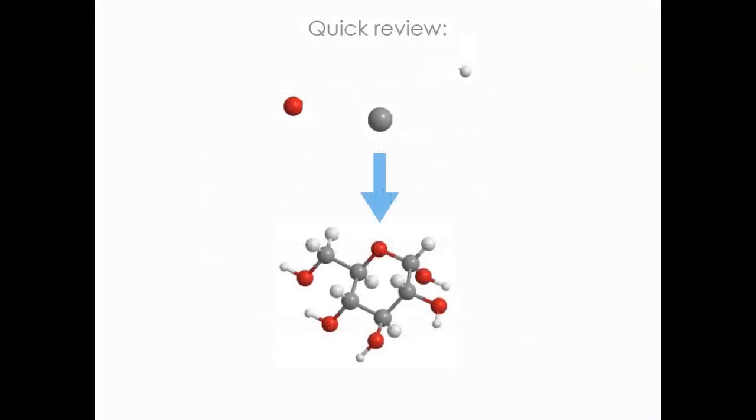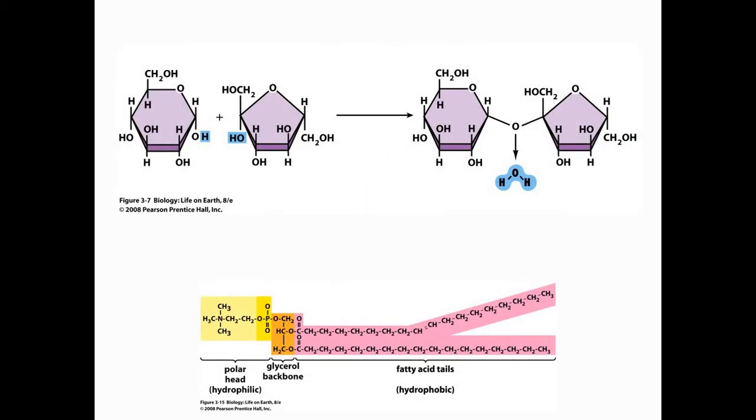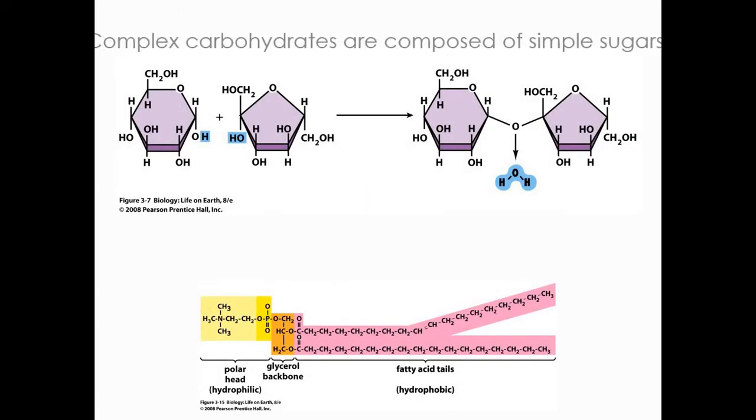Okay. So here, atoms bind together to make molecules. So this is now a molecule. Complex carbohydrates are composed of simple sugars. So from this molecule to this molecule, this is glucose and fructose, and we form here a disaccharide, sucrose.